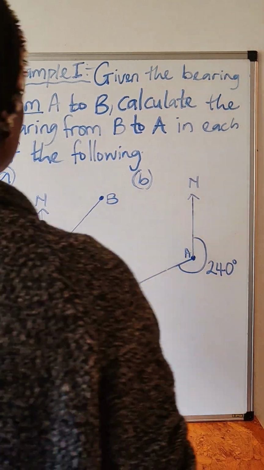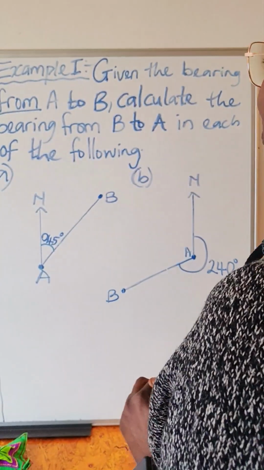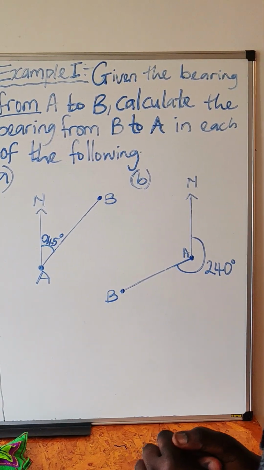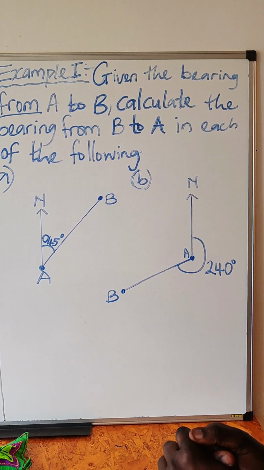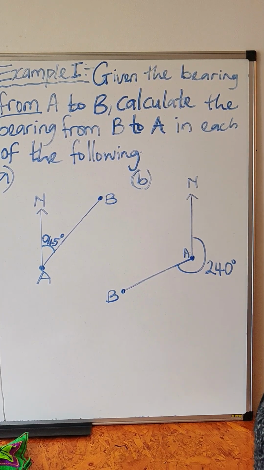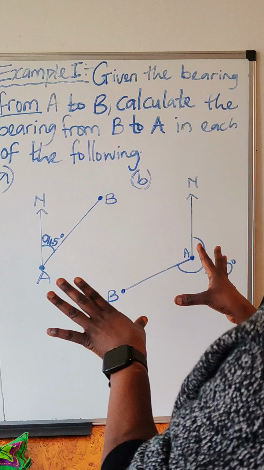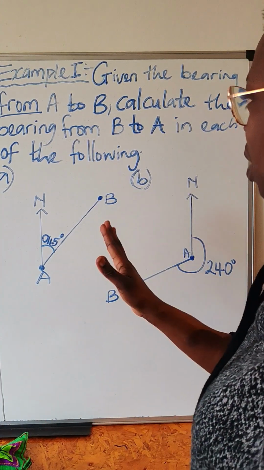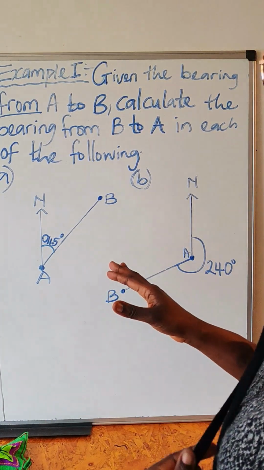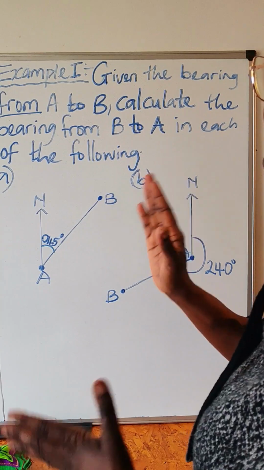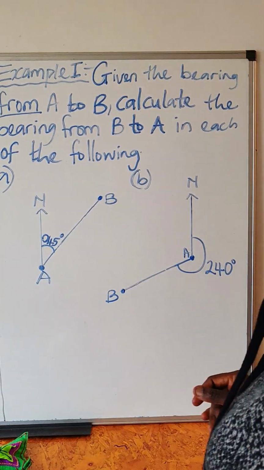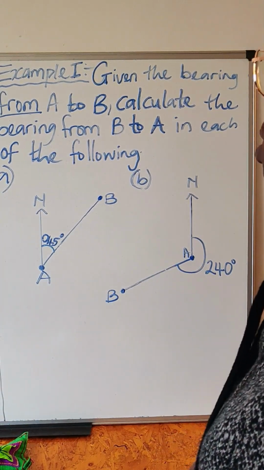Okay, the example on board. Given the bearing from A to B, calculate the bearing from B to A in each of the following. We have two bearings on board, and we've been given the bearings from A to B in each of the two.